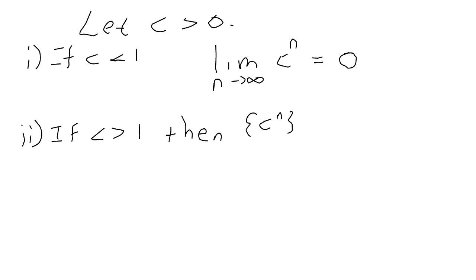If it's not converging, it is divergent. Right. So then the C to the n sequence, that sequence right here, diverges, or you can write, is unbounded.